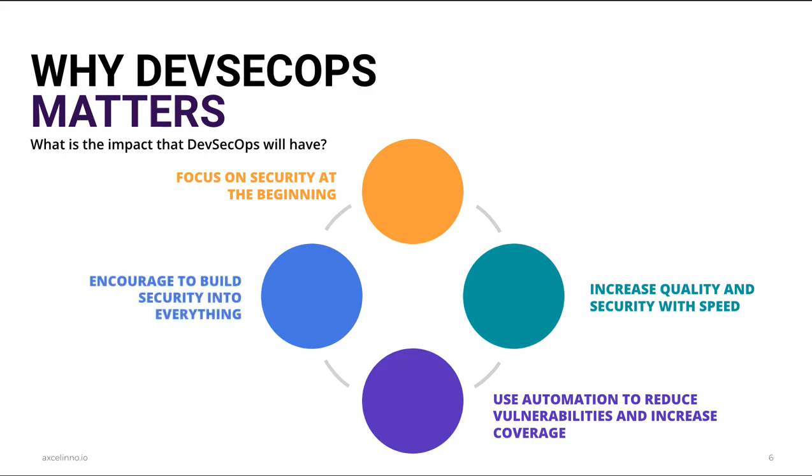And then we want to encourage to build security into everything. Again, we don't want to look at it as, okay, let's hash the passwords and let's make sure we have a username and these sorts of things. We want to look at it as, are we scanning to make sure, software composition analysis?